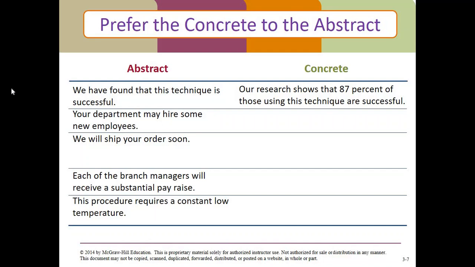This is not clear from the word successful. So instead, you may write, our research shows that 87% of those who are using the technique are successful. So here, 87% clearly shows how successful the technique is.